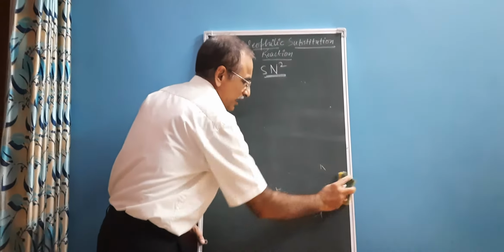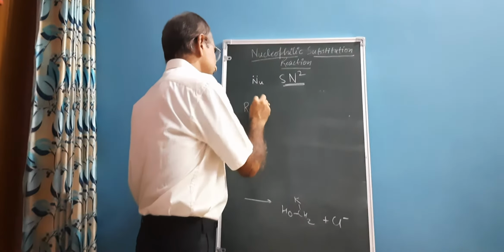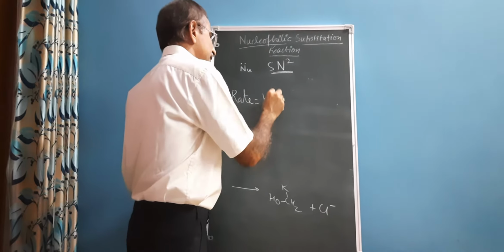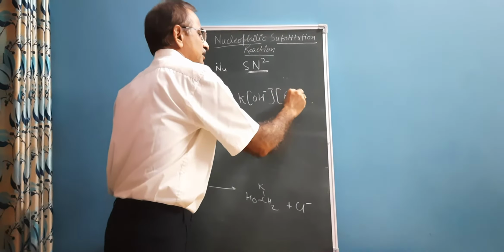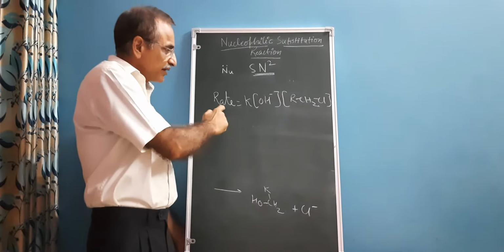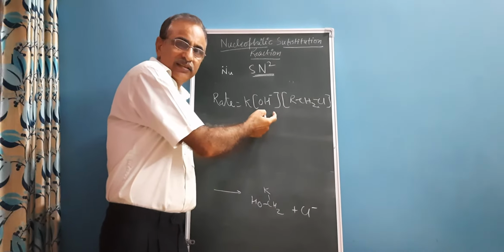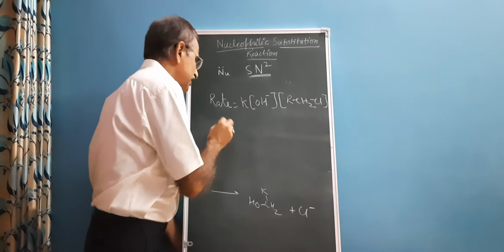When you are going to write the order of this reaction, the rate of this reaction can be written as K times base and RCH2Cl. It means the rate of reaction depends on the change in concentration of the base as well as the haloalkane.